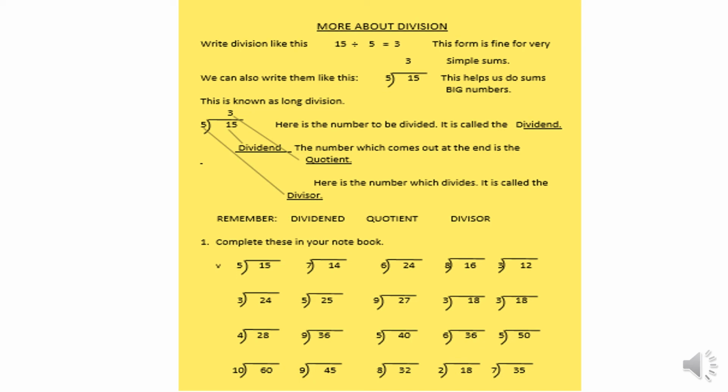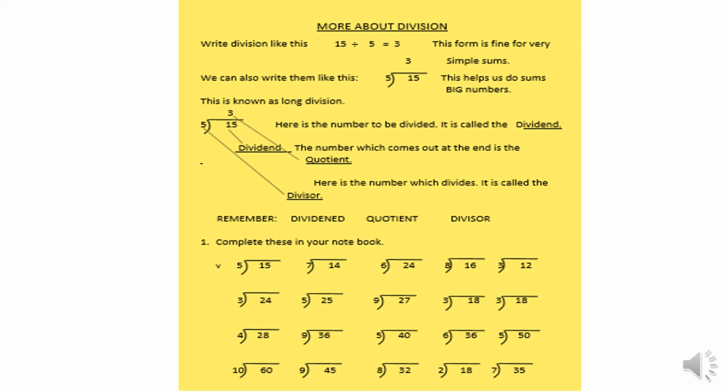You can see in your booklet, I have labeled the dividend, quotient, and the third number. Here is the number which divides. It is called the divisor, and the number which divides the dividend is called the divisor. So in this long method, you will remember these 3 terms: dividend, quotient and divisor.